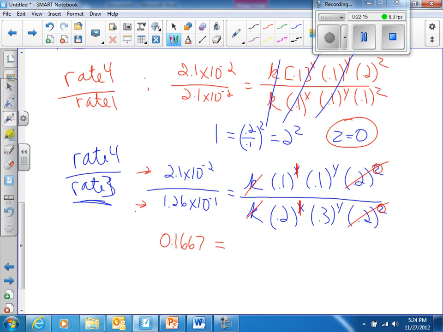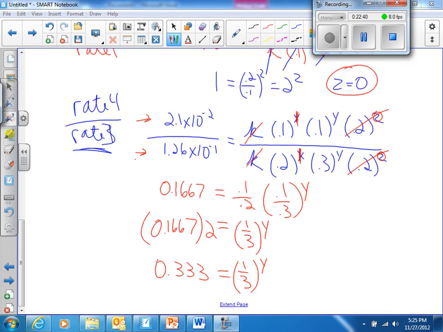Now I have 0.1 over 0.2 times 0.1 over 0.3 to the y. Okay, 0.1 over 0.2 is just 1/2, so I have 0.1667 times 2, I'm just multiplying both sides by 2, is 1/3 to the y.